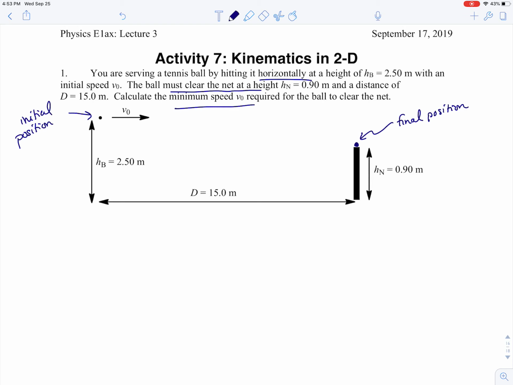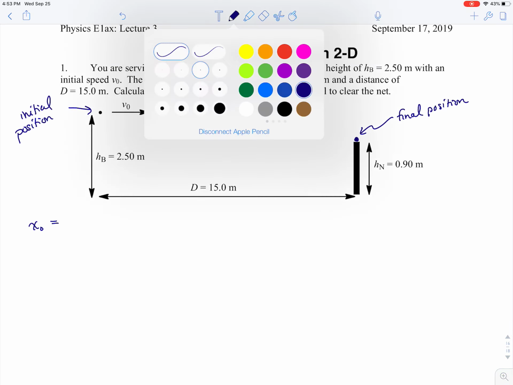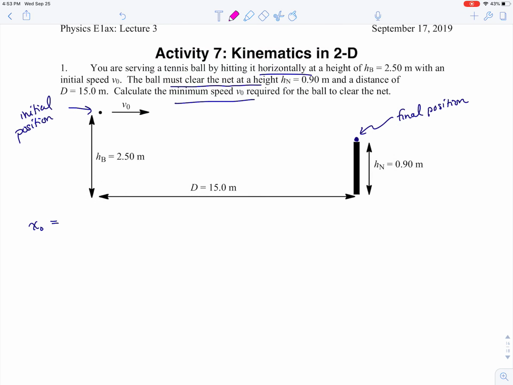So I think it's wise to start these problems by just writing down everything you know. So in this case, let's just start with the x positions. So the initial x position is 0 if we set up our coordinate axes correctly. So let's put the origin right here, and this is the y direction, and this is the x direction.